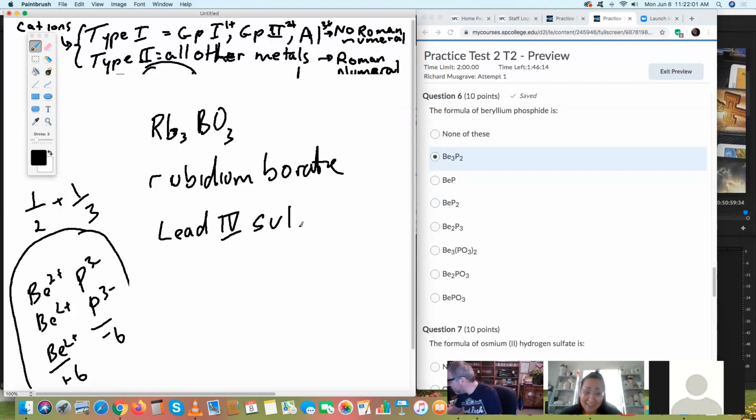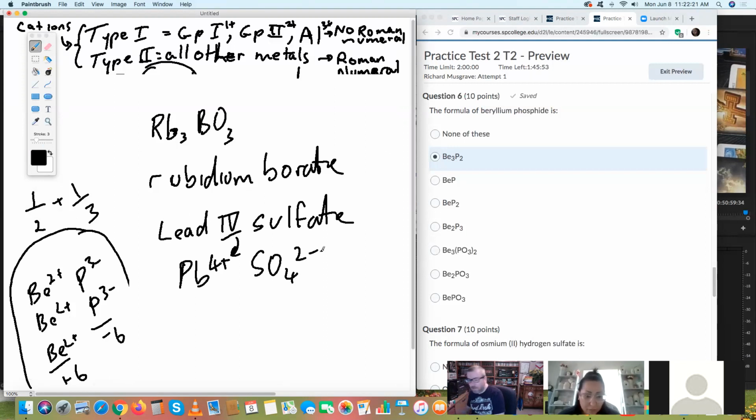There are no rules here. It's like when you looked at 1/2 + 1/3, you just know they need a common denominator. So if you had lead 4 sulfate, you know that lead is Pb4+ because of the 4, right? And sulfate is SO4 2- from the polyatomic ion sheet. Are you okay with the charges there?